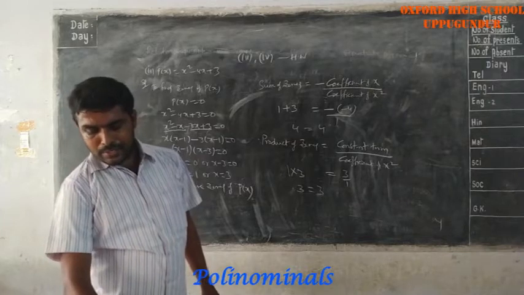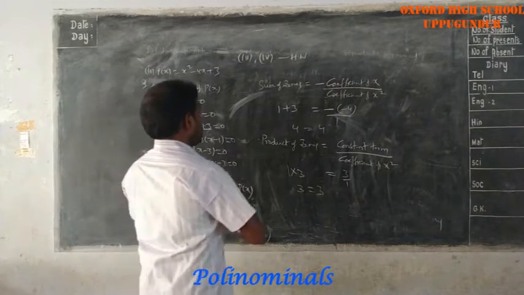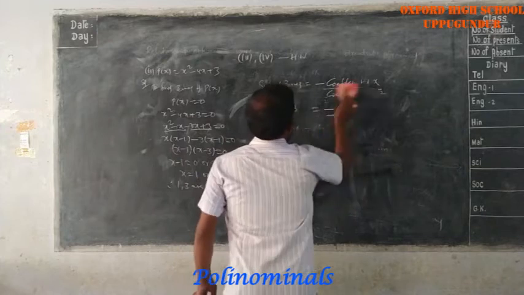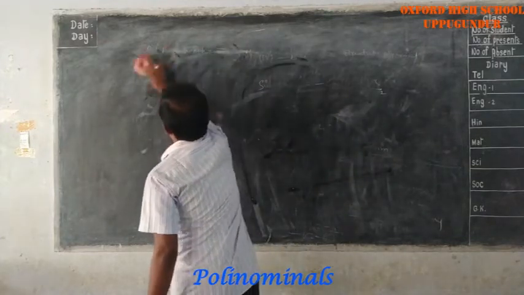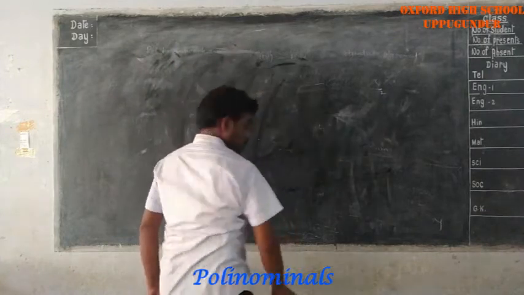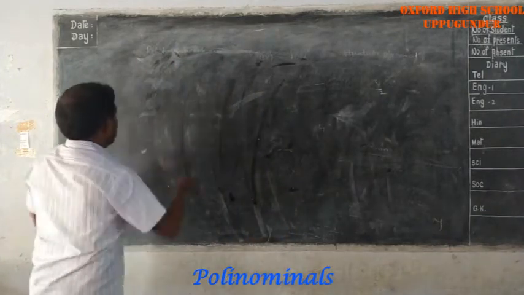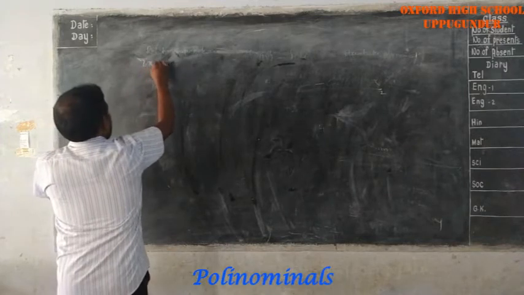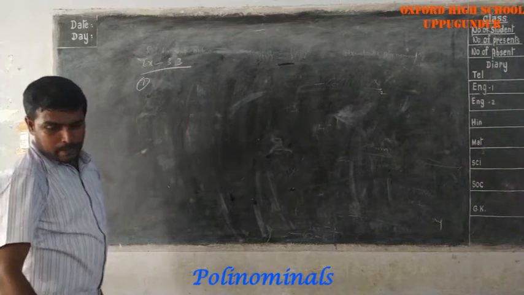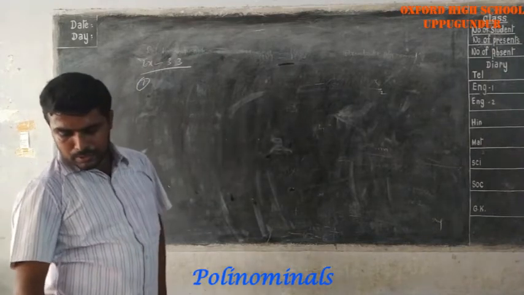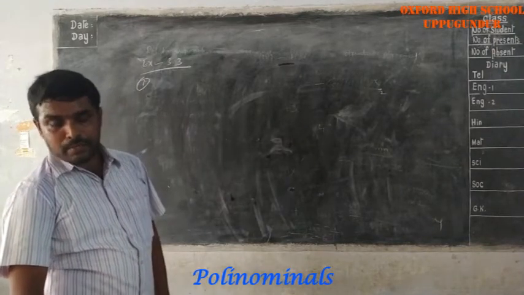Now in exercise 3.3 first Roman, you have 6 problems. I will tell you 3 problems. Remaining 3 problems you have to do.